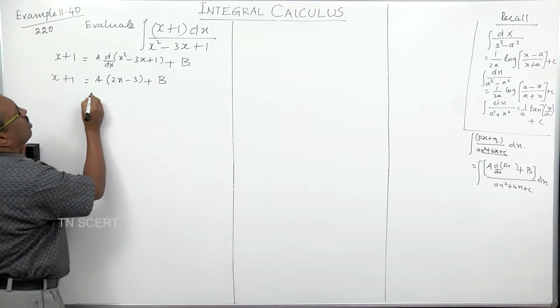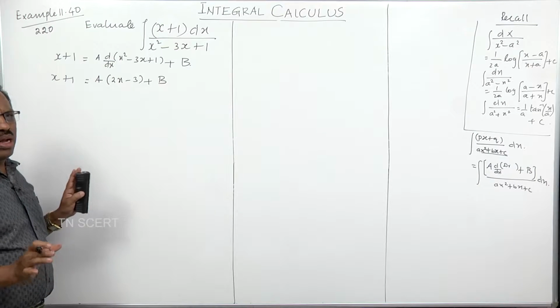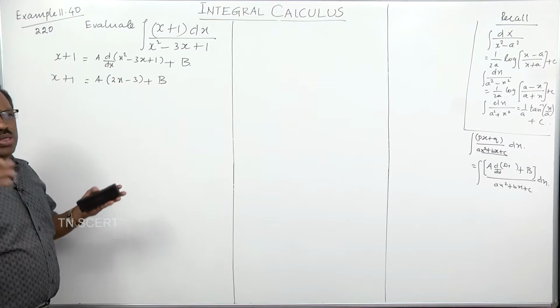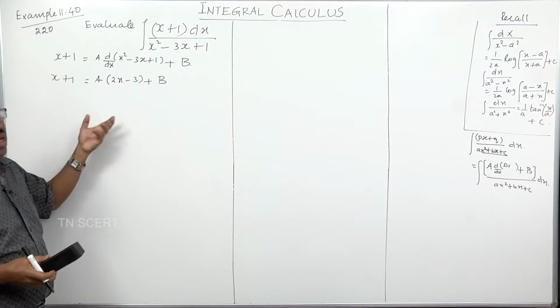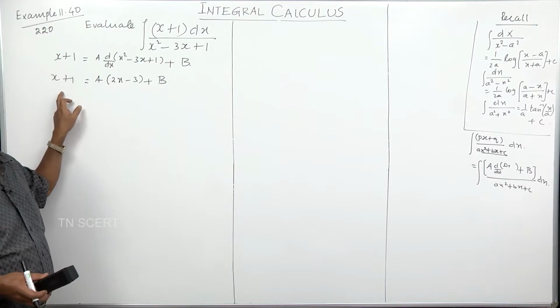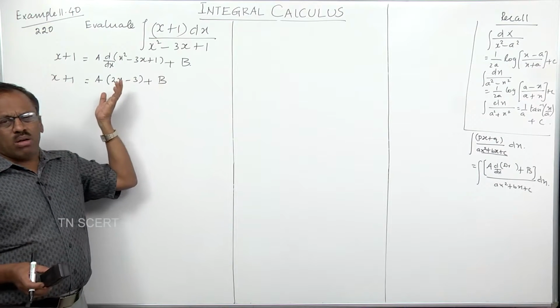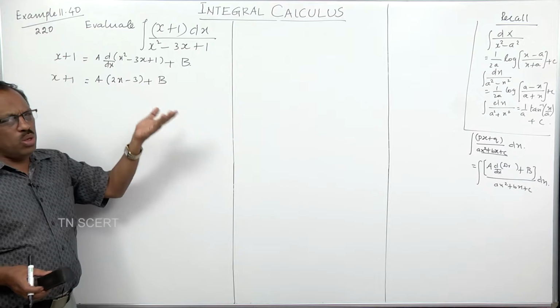Here it involves x and also the constant. You can do many processes: putting x equal to 0 you get the value of B, and after getting B you can make the coefficient of x zero to get the other one.